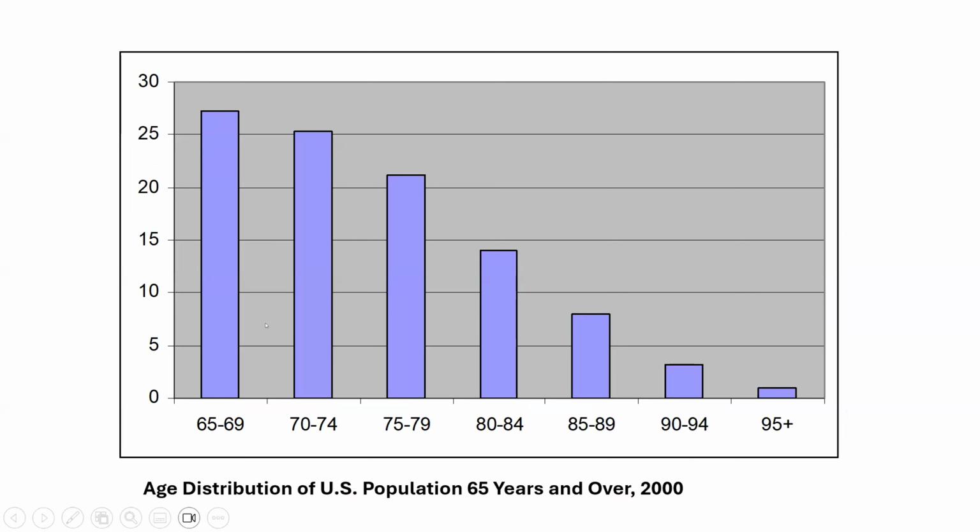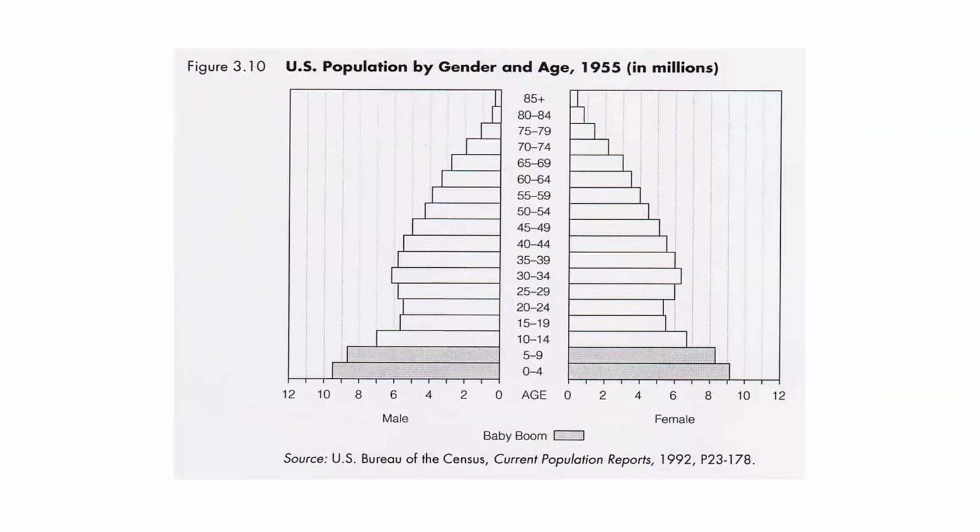The majority lies in this segment, and the least lies in the 95 plus segment. So this gives you the idea of how many people are there within each age group. When a similar problem arises, you can present it in this format using the histogram.